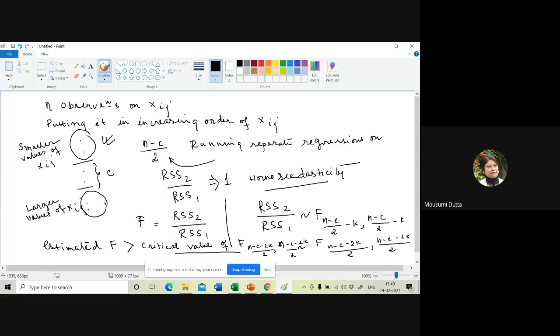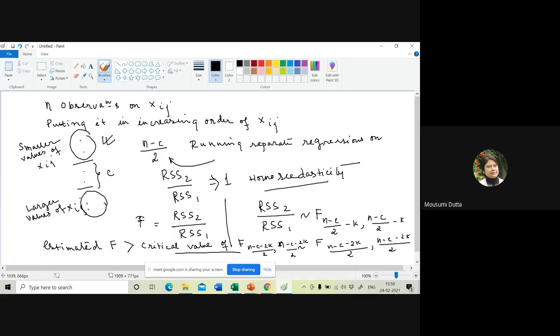Different researchers will consider groups with different numbers of observations, and that will result in different values of F, and on the basis of that, your conclusion may be different. So this is the most important limitation of this particular test.